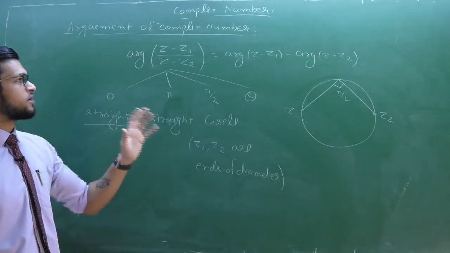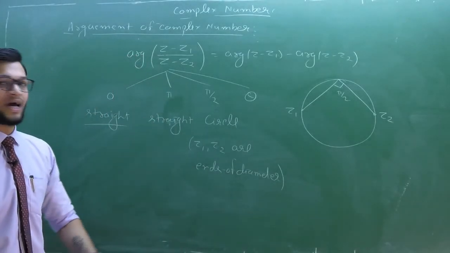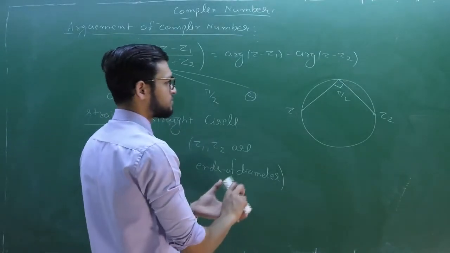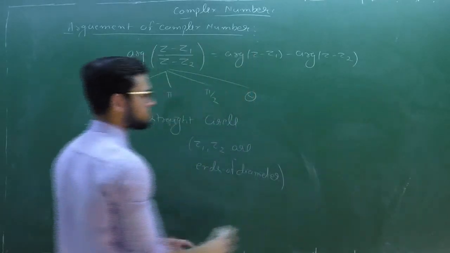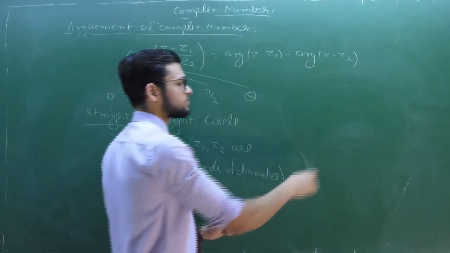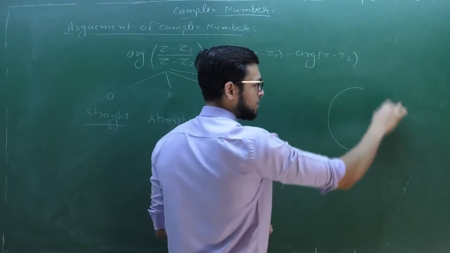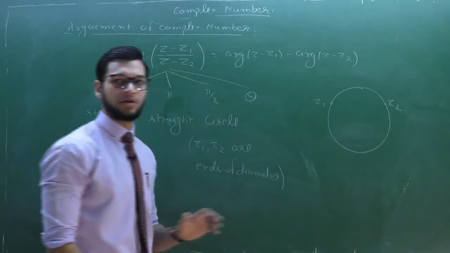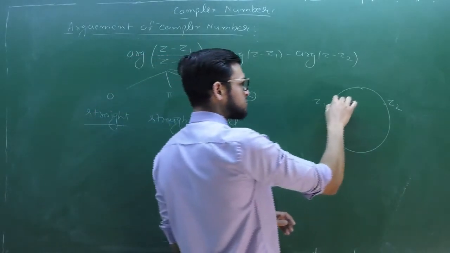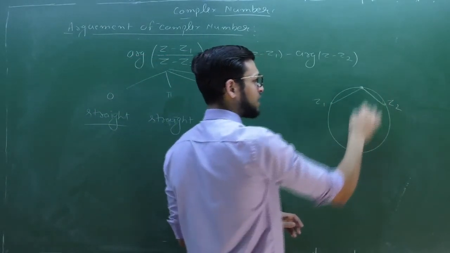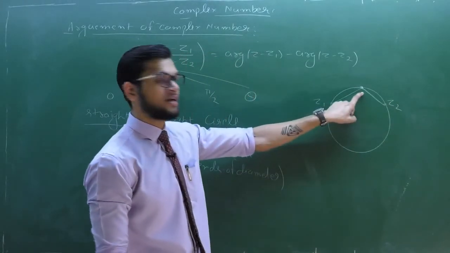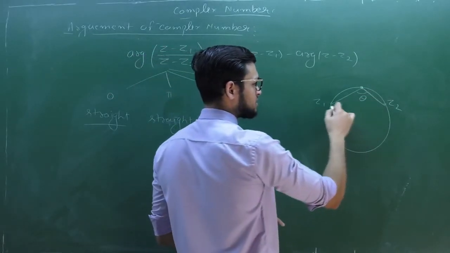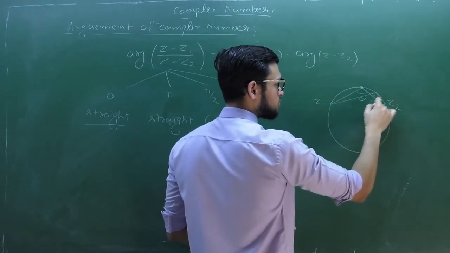Now we have argument of (z minus z1) upon (z minus z2) as theta. It means that in any circle, if we have z1 and z2 on the minor arc, or on the major arc, and we join these two points with any point which lies on the circumference, then this angle will always remain constant. If this is theta, then this angle is also equal to theta.